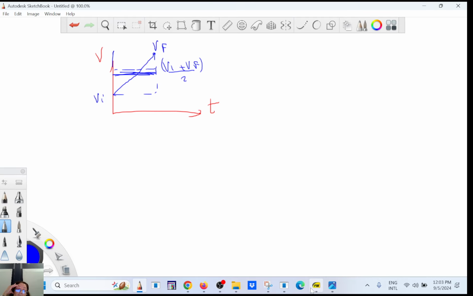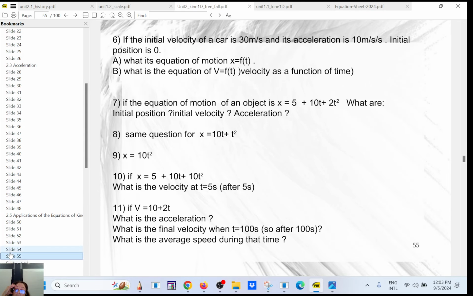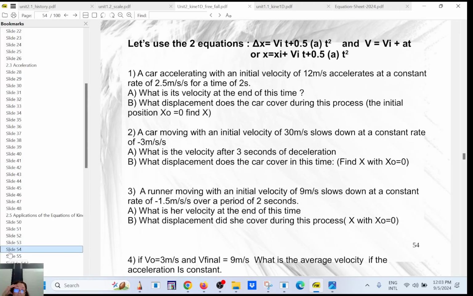Sometimes they try to trick you with that. If the initial is 3, the final is 9, the answer is 6, because it's 9 plus 3 divided by 2.